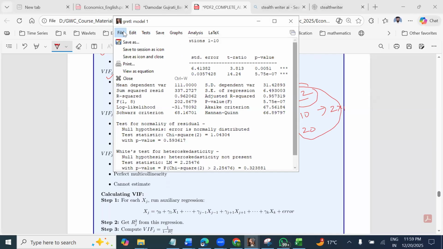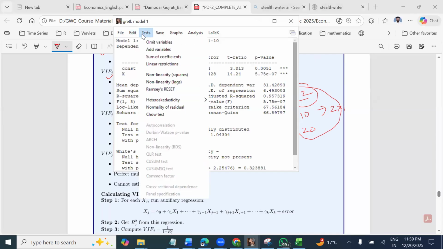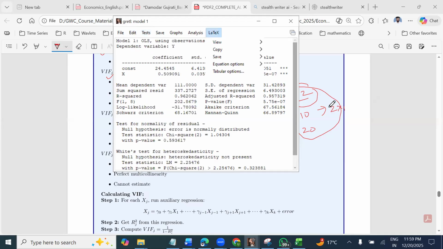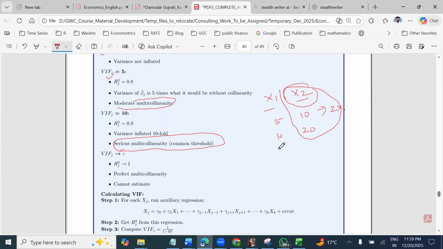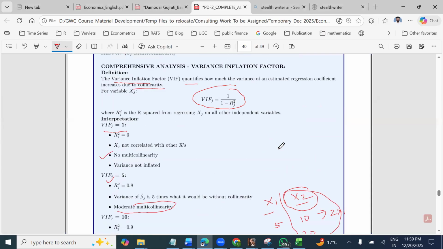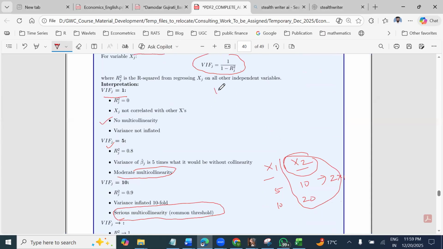Chinmay, is it clear? First of all, let's say you are running a regression. Y is a function of x1 and x2. These are two independent variables.